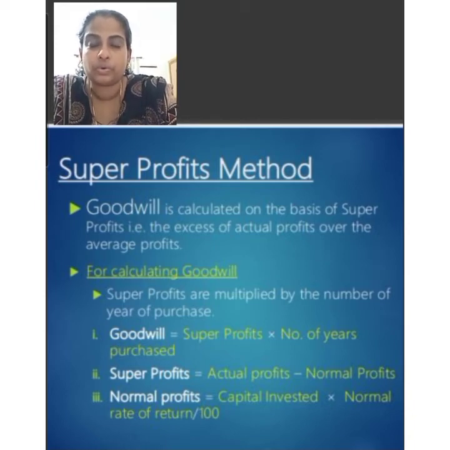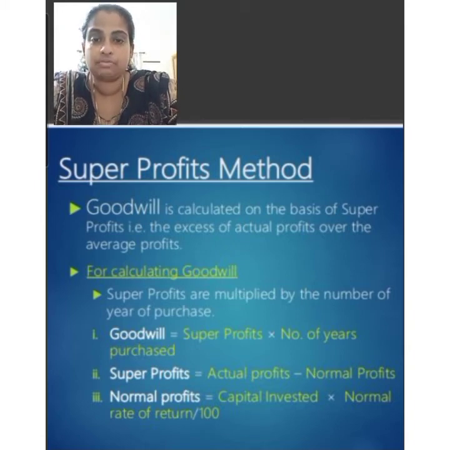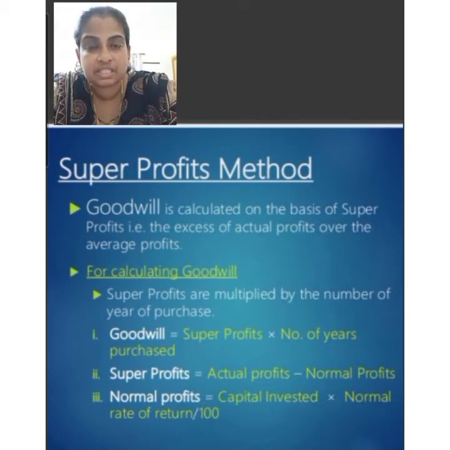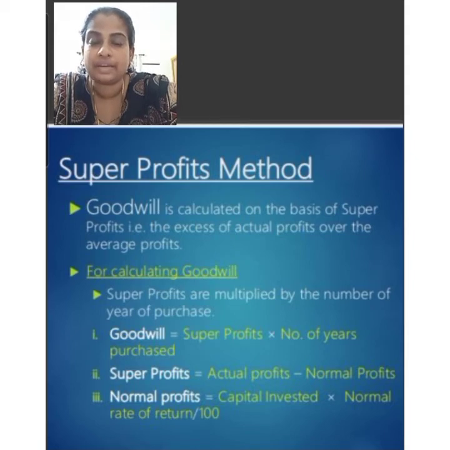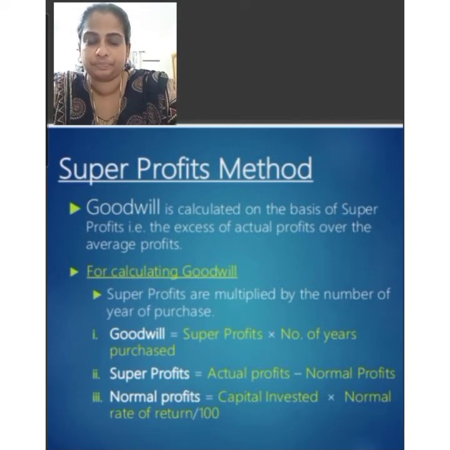So next we are going to learn the procedure for calculating normal profit. The equation for calculating normal profit equals capital invested or capital employed into normal rate of return divided by 100. Then you will get the amount of normal profit.